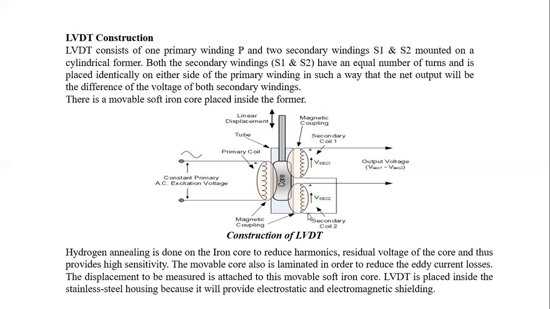The secondary winding is divided into two equal parts and placed identically on either side of the primary winding, in such a way that the net output of the secondary winding is the difference of the voltages of both secondary windings.